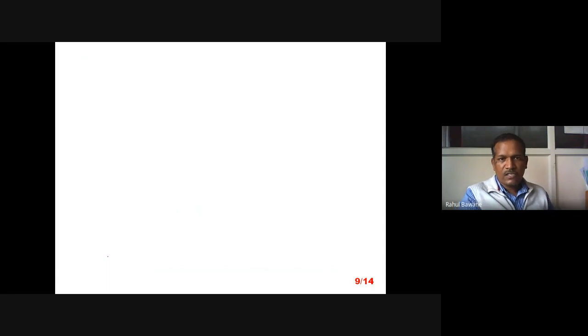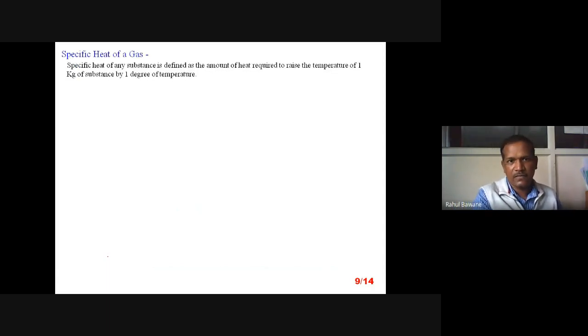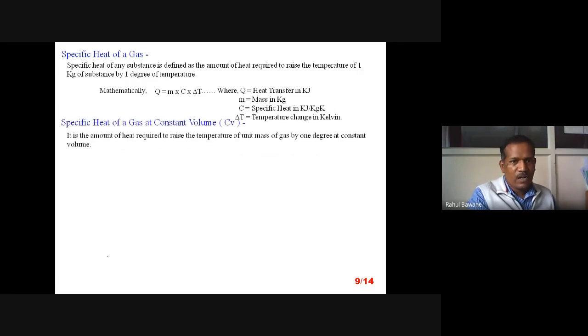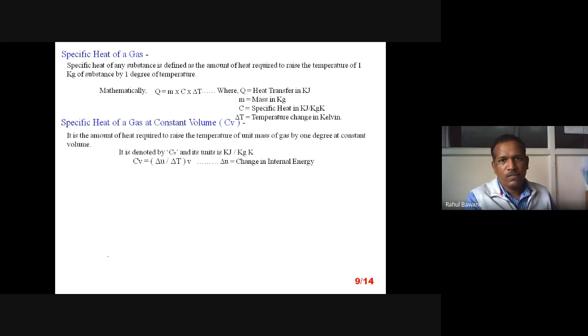Now the last portion, the 9th slide. Specific heat of gas is very well known. There are two specific heats: constant volume and constant pressure. What is the specific heat? The amount of heat required to raise the temperature of 1 kg of substance by 1 degree of temperature.